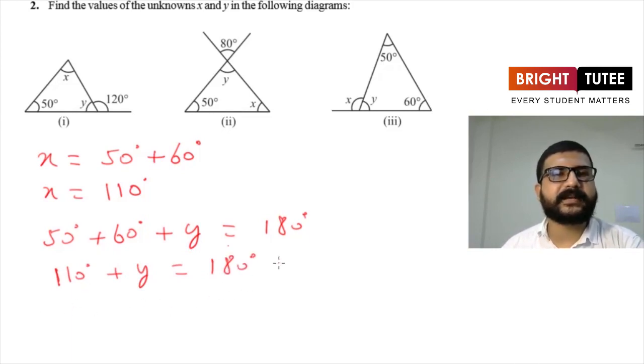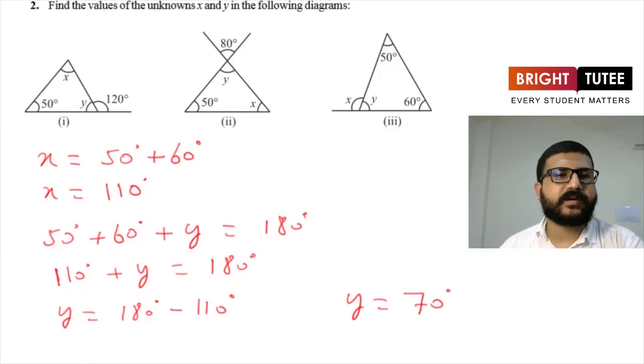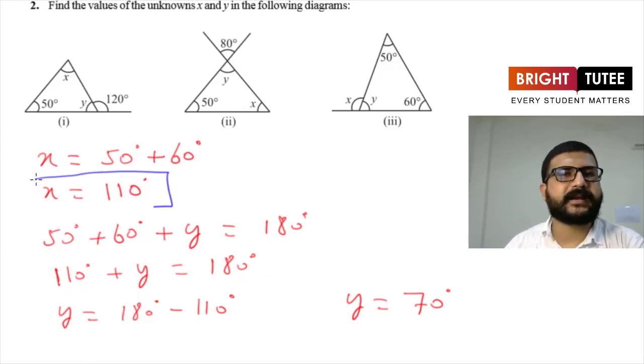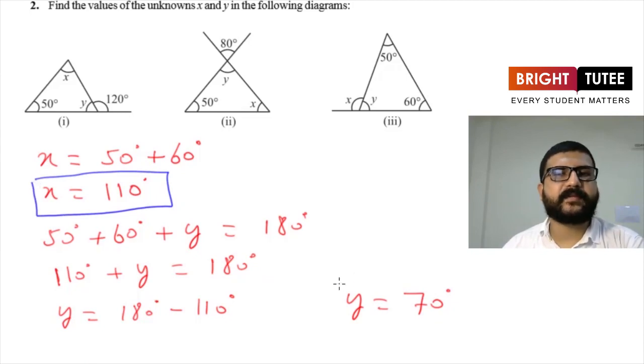Now we can transpose this 110 on the right side of the equation. So we will get y is equal to 180 degrees minus 110 degrees. So from here we will get y is equal to 70 degrees. So now we got the value of both the unknowns. So x was 110 degrees and y is 70 degrees.